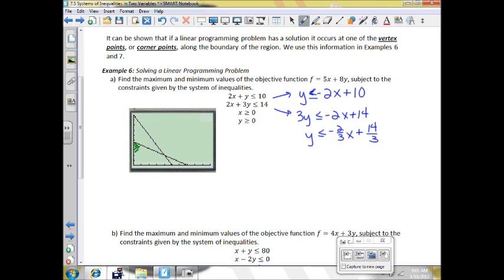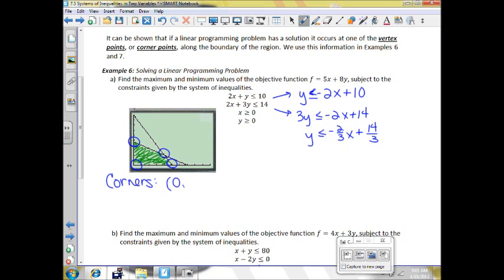I'll color it in green. This is the region that we're talking about. X is greater than 0, y is greater than 0. It's less than our 2 equations. So what we need to do is find this point here, this point, and this point.